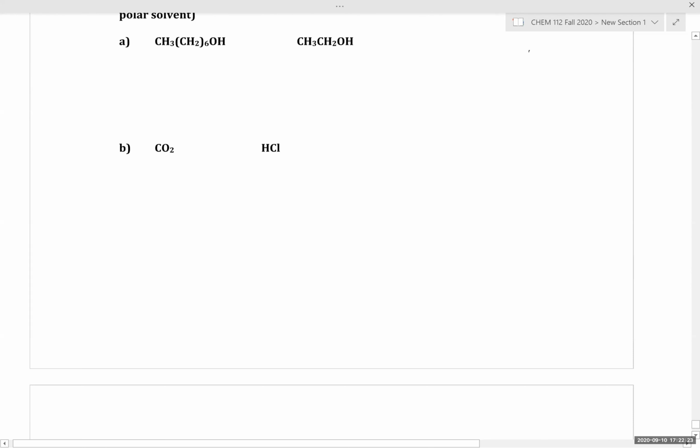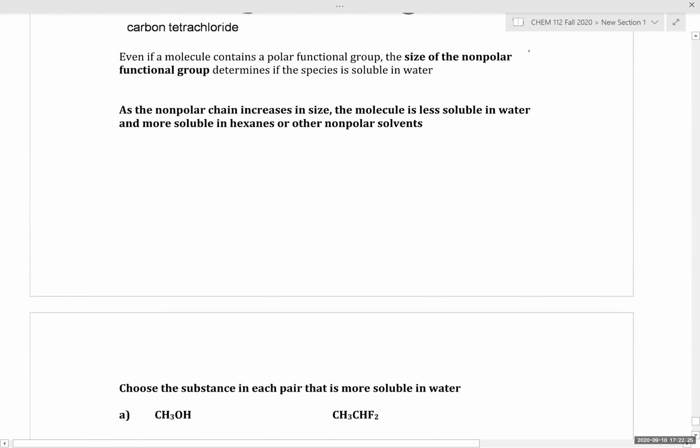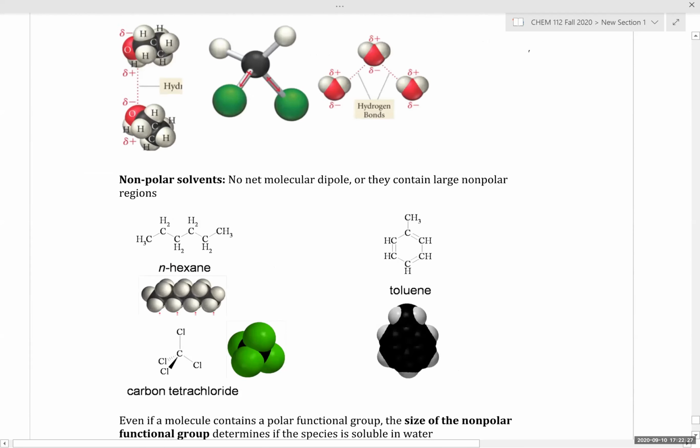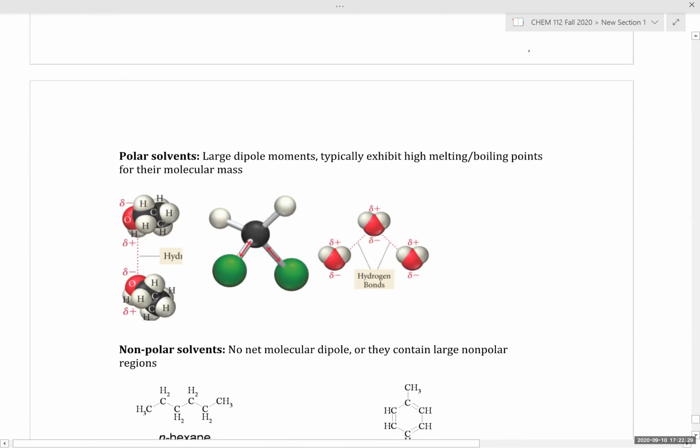So as examples of polar solvents, in general they have large dipole moments, a large molecular dipole. They exhibit high melting and boiling points for their molar mass. So examples of polar solvents would be water, methanol.